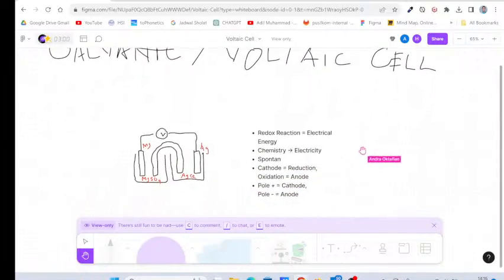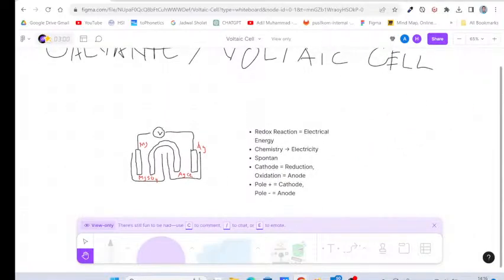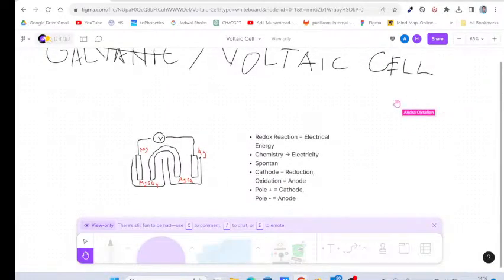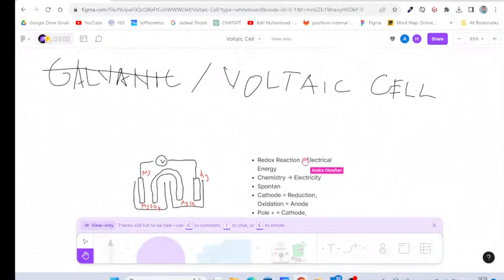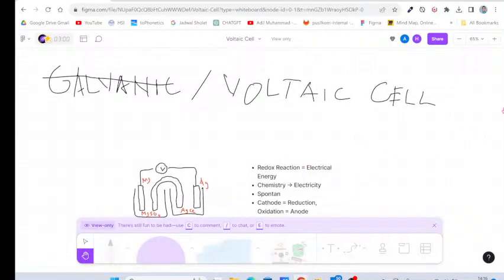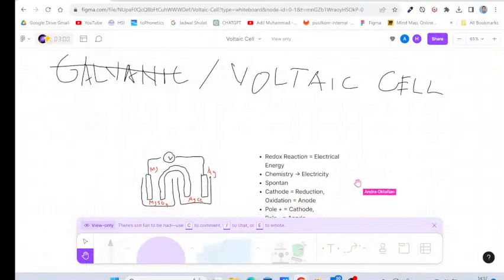So hello guys. What does voltaic cell actually mean? Okay, voltaic cell means it's a redox reaction that will produce electrical energy, right? So it transfers from chemical reactions to electricity.